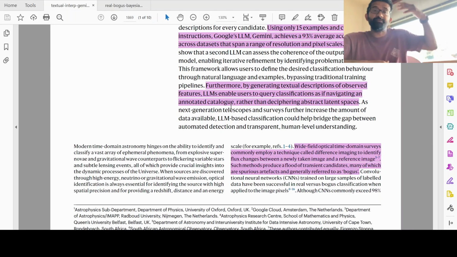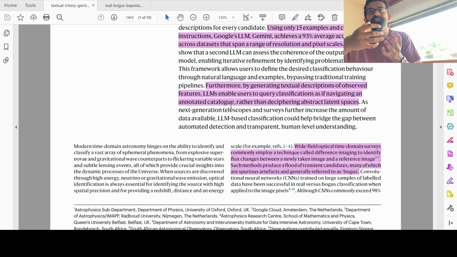Let's say I have these images and some human being actually went through those images and wrote some annotation on why they classified each one this way. So that's the idea of interpretability via an LLM. LLMs enable users to query classifications as if navigating an annotated catalog, rather than deciphering abstract latent space.